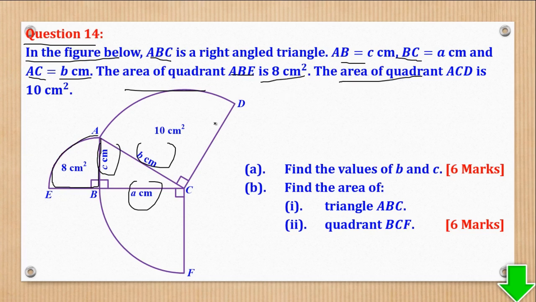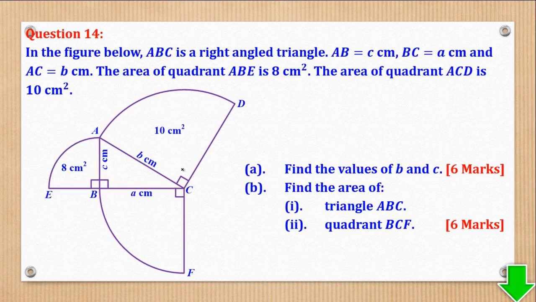The area of quadrant ACD is 10 centimeters squared. Find the values of B and C. Then part B, find the area of triangle ABC and quadrant BCF.